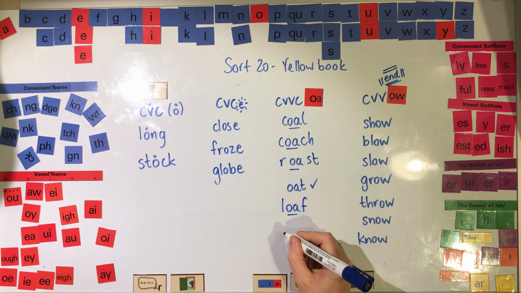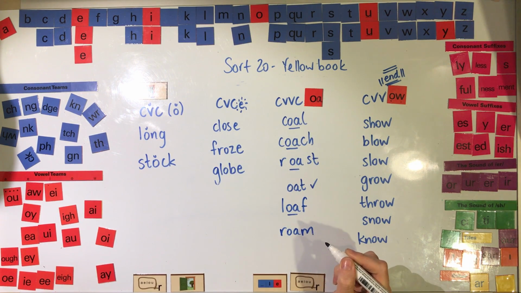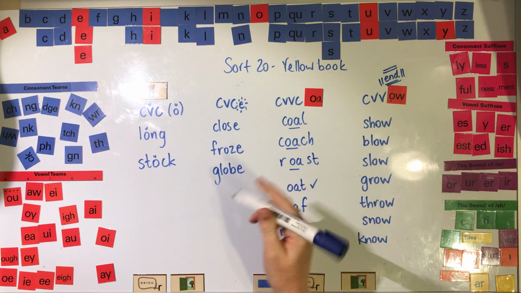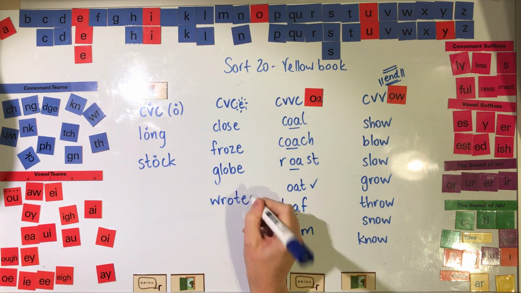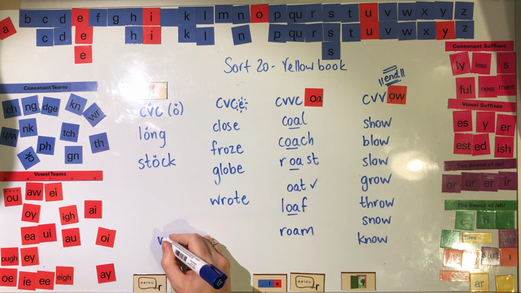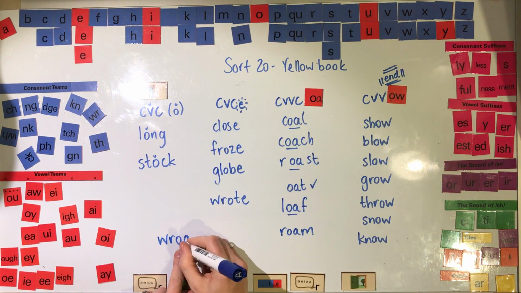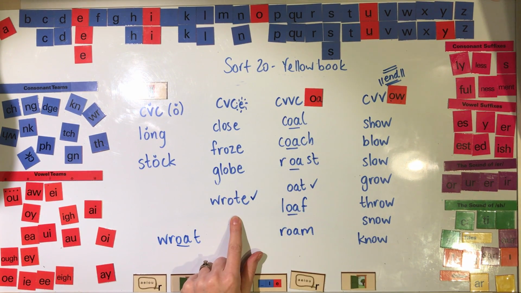Roam we had, roam around. Now, have we got all our froze clothes? Wrote. You might think, oh, I wrote a poem. Wrote. Hopefully you can see that just looks wrong and that just looks right.